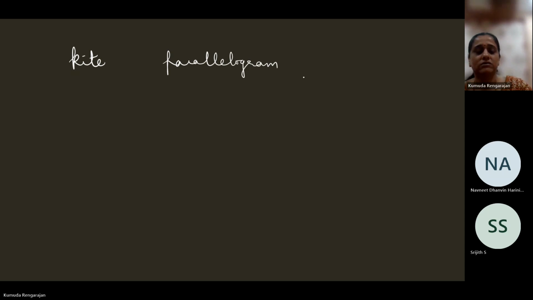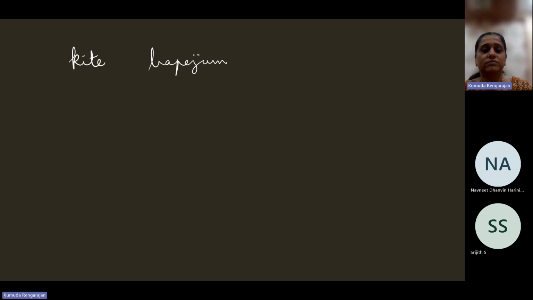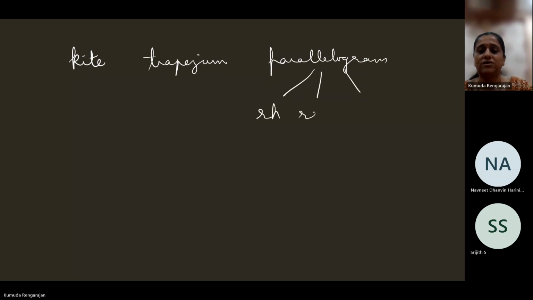So far, we have seen kite, parallelogram, trapezium. And in parallelogram, we have three special types: rhombus, rectangle, square.